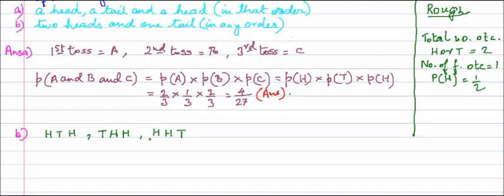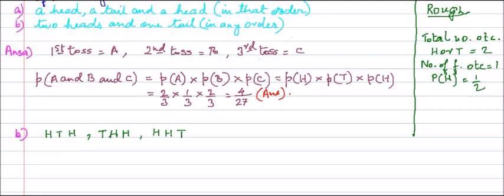So these are the 3 sequences in which we can get 2 heads and 1 tail from 3 tosses of a biased coin. For any coin, we can have these 3 sequences of having 2 heads and 1 tail. The probability will differ because the coin is biased.